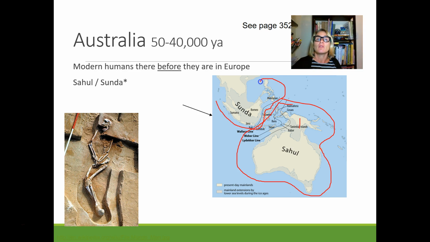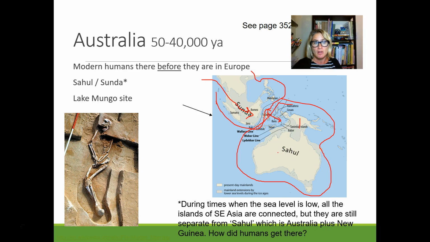During this period, the land masses are larger because there were greater ice sheets at the poles, so sea level would have been lower. So moving across Asia into this region would have been possible by land, but these two here would not have been connected by land. Some sort of rafting would have been necessary to move into Australia.